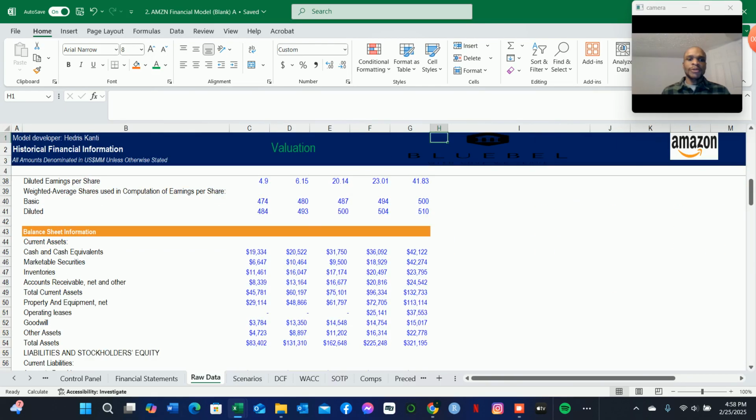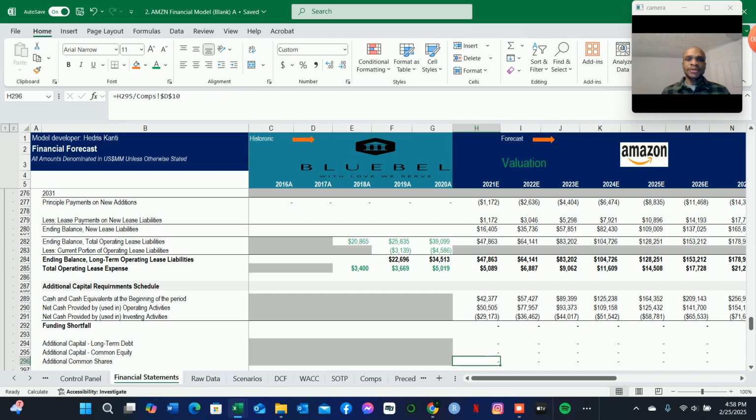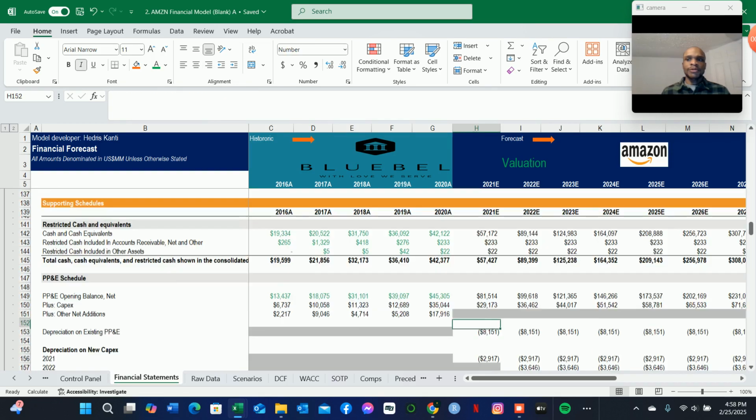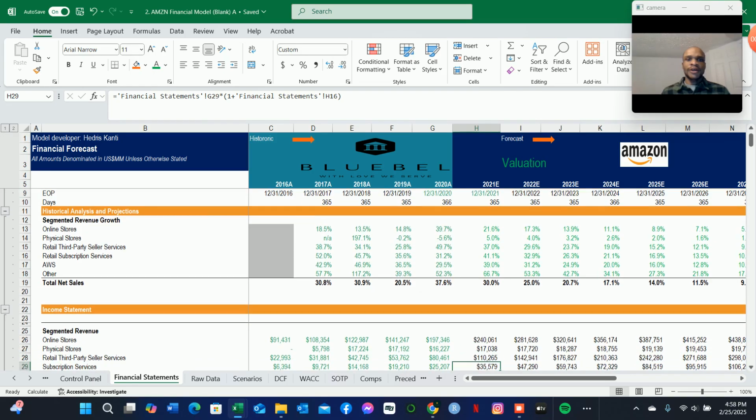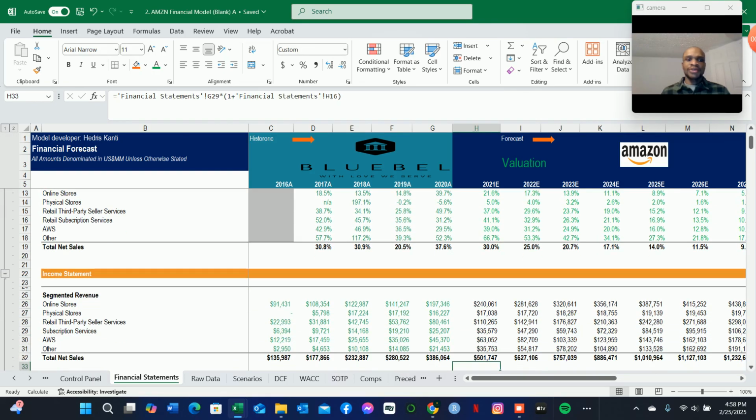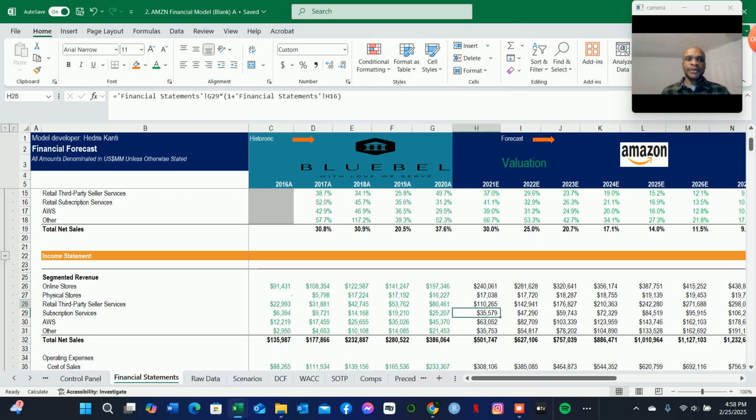So if we move to our financial statement here, let's move to the top. We can see that here we have the breakdown of revenue: the online physical stores, retail third-party seller services, subscription services, Amazon Web Services, which is the cloud services, and we also have other, which is advertisements.